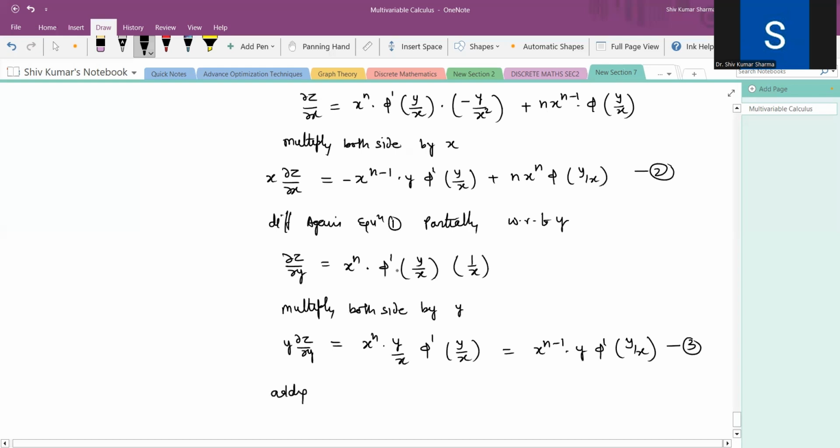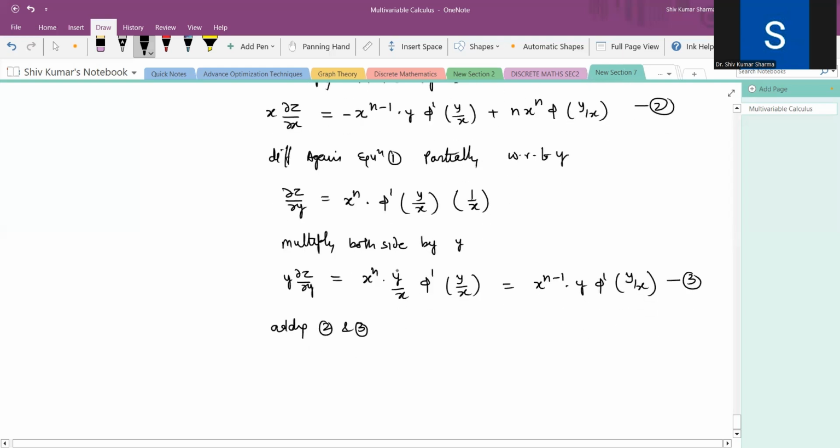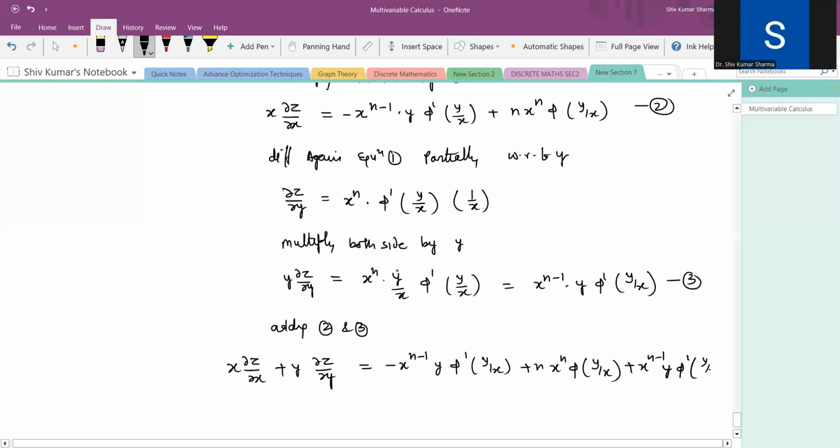So we add equation 2 and equation 3. The LHS of Euler's theorem, x del z upon del x plus y del z upon del y, is equal to minus x raised to the power n minus 1 into y phi dash of y upon x, plus n x raised to the power n phi of y upon x, plus x raised to the power n minus 1 into y phi dash of y upon x.